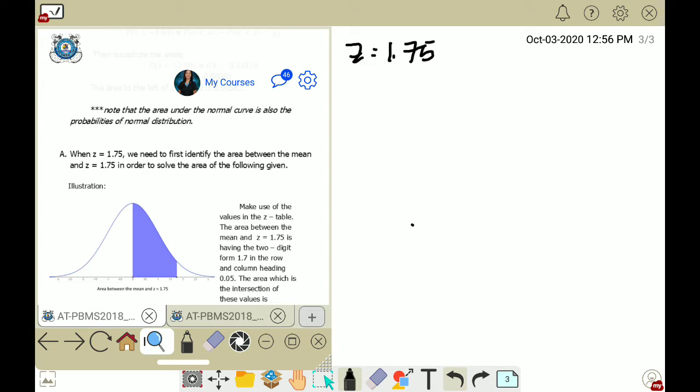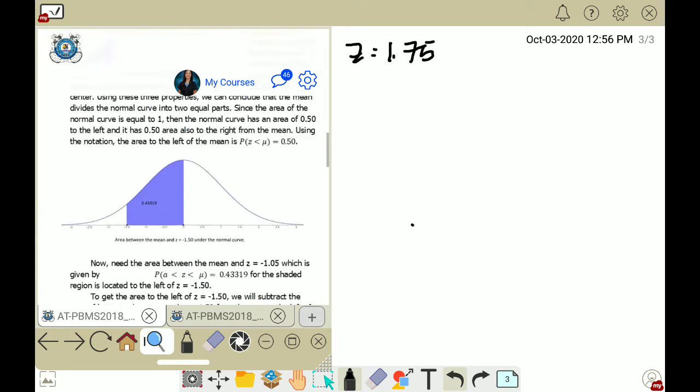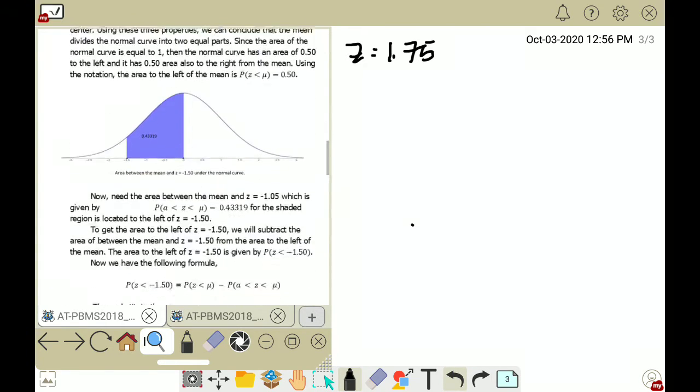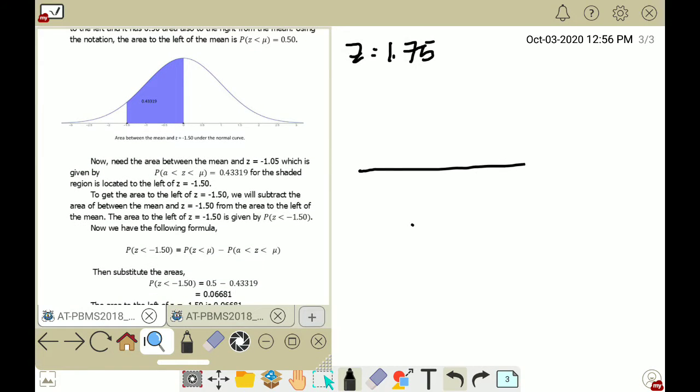And note that 1.75 is located to the right of your normal curve. But we're looking for the area to the left of 1.75. This time, is it to the left or to the right?